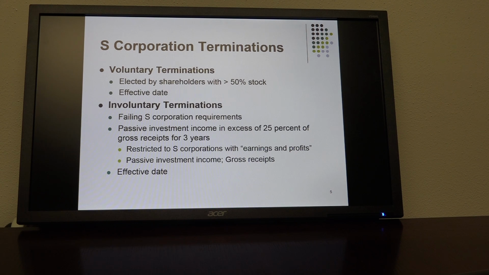And remember, why do you want to do an S Corp? Well, you want to have the legal protections of a corporation, but you want to be taxed as a flow-through entity, for the most part, like a partnership. And so, if there's an involuntary termination and you've got to go back and restate S Corp returns to C Corp returns, well, what happens there?